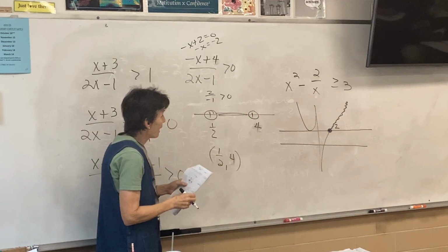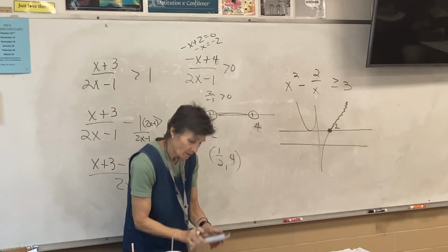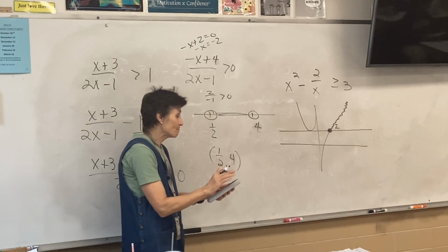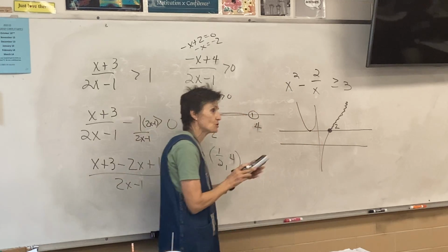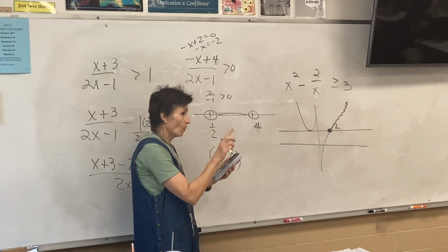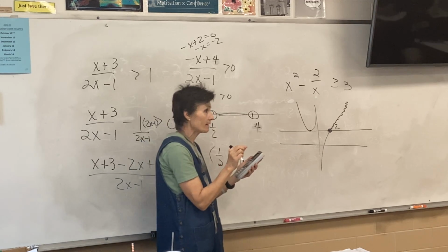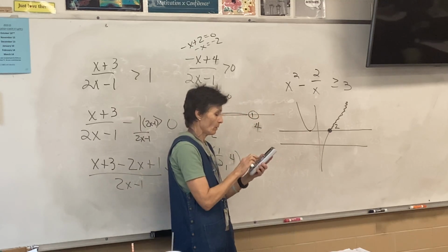Okay. Now, what's going on over here? Well, on my graph, it looks like it actually touches right there. It looks like it's tangent right there. But I am going to go ahead and do second intersect just to make sure that it does, and then I'll figure out where it is.